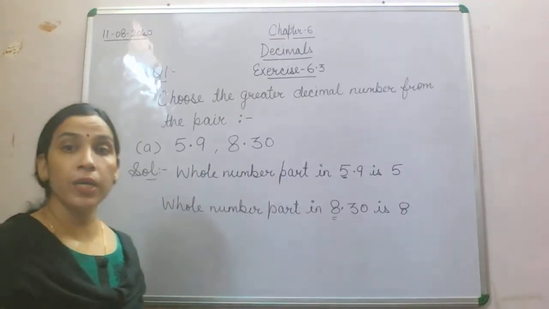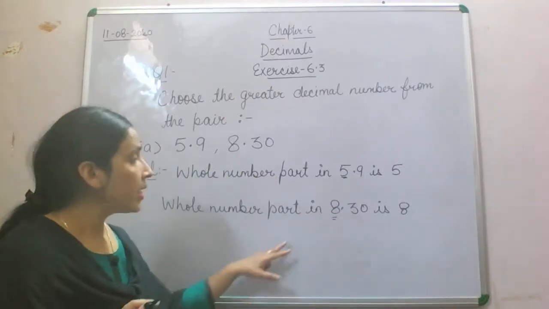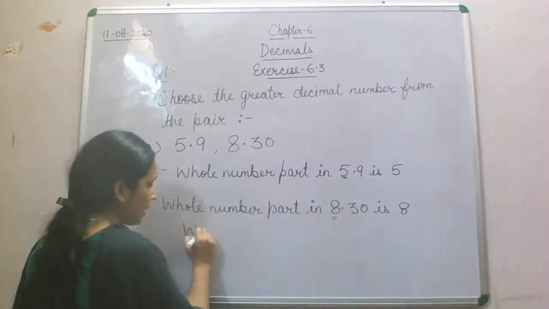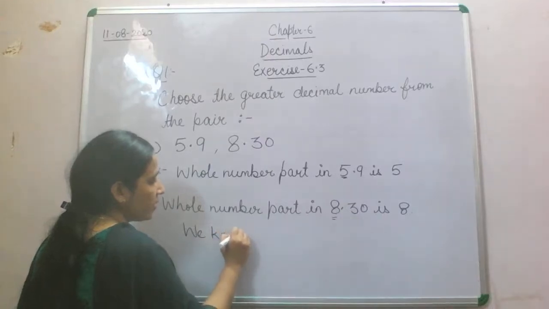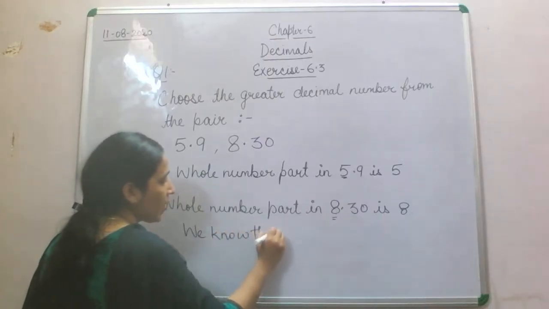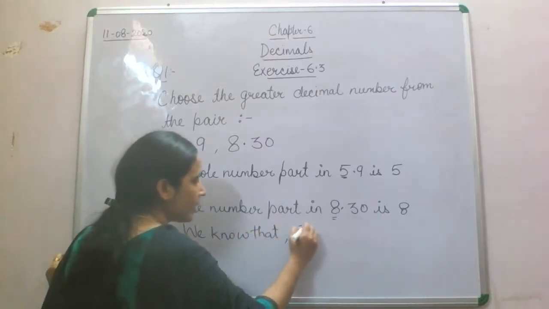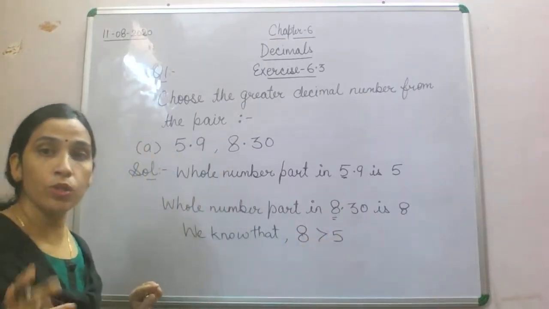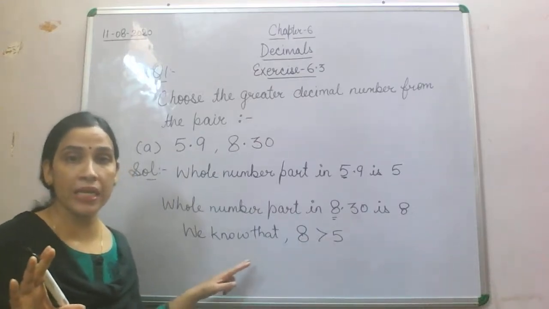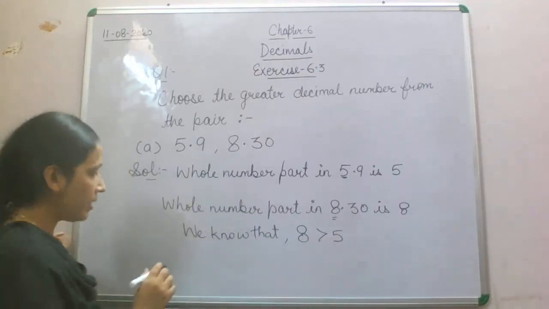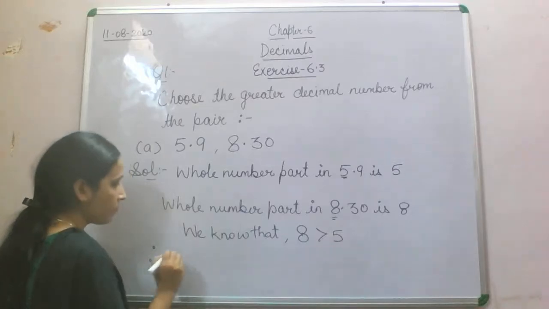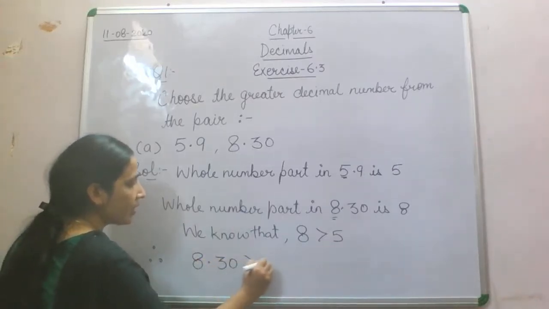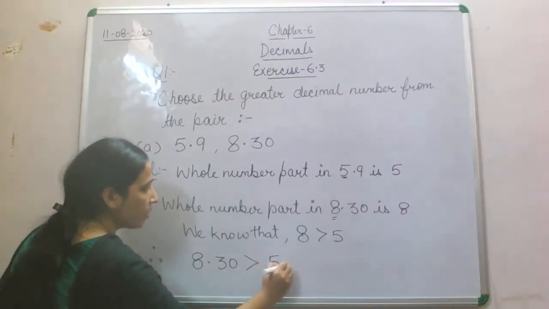Now we are going to compare this 8 and 5. Which is greater? We know that 8 is greater than 5. This concept also we were aware of. Therefore 8.30 is greater than 5.9.